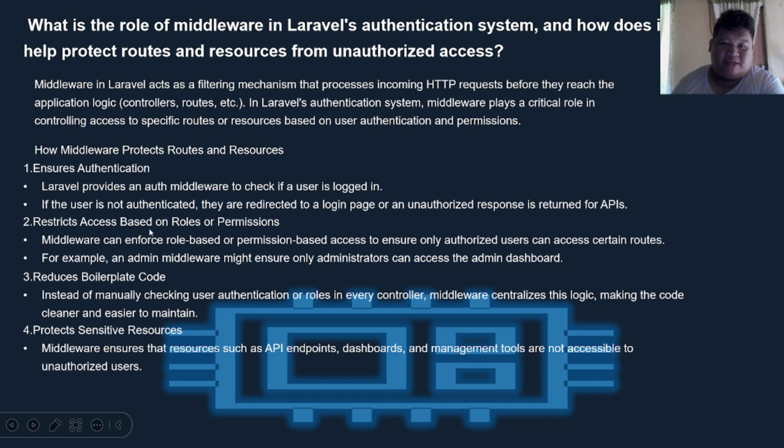Restricts access based on roles or permissions. Middleware can enforce role-based or permission-based access to ensure only authorized users can access certain routes. For example, an admin middleware might ensure only administrators can access the admin dashboard.